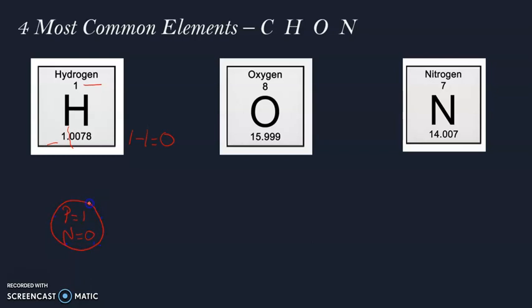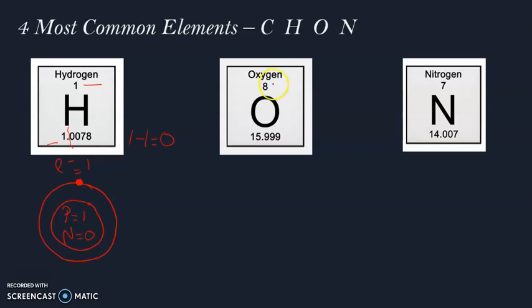That's not super exciting, is it? My protons equal my electrons, so I have just 1 little electron. But that 1 little electron ends up being super useful when we start building living things.